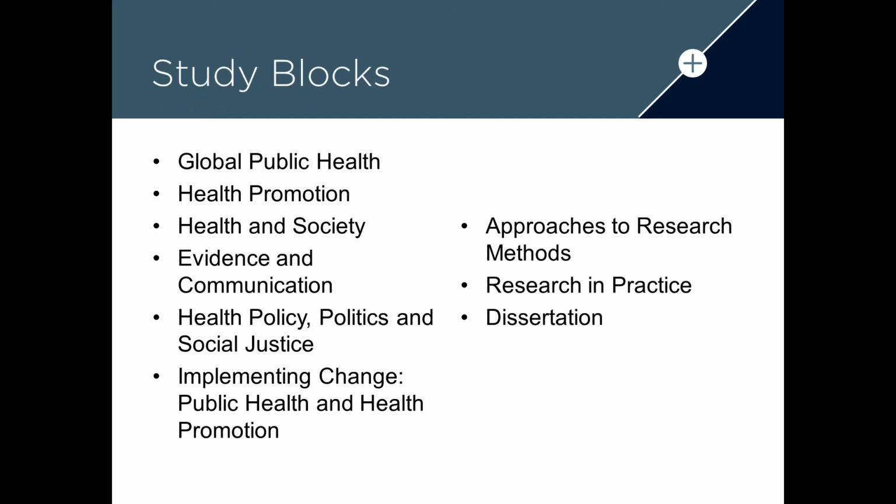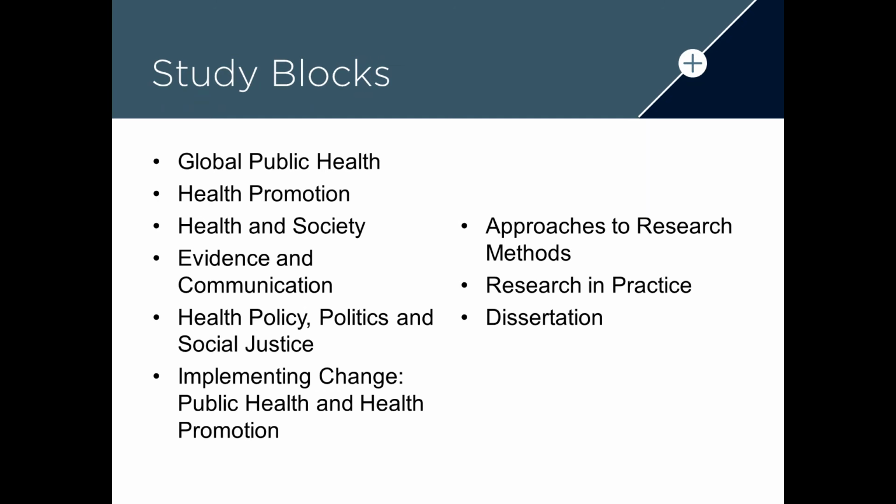On top of that, we also do health and society, where we look at the social and health inequalities. So, for example, around ethnicity, gender, age, all the different inequalities that people experience. So, thinking about how and why these inequalities happen, the evidence and explanations for them. We have evidence and communication, where you look at systematic reviews and different ways that health promotion and public health can be communicated to the wider world.